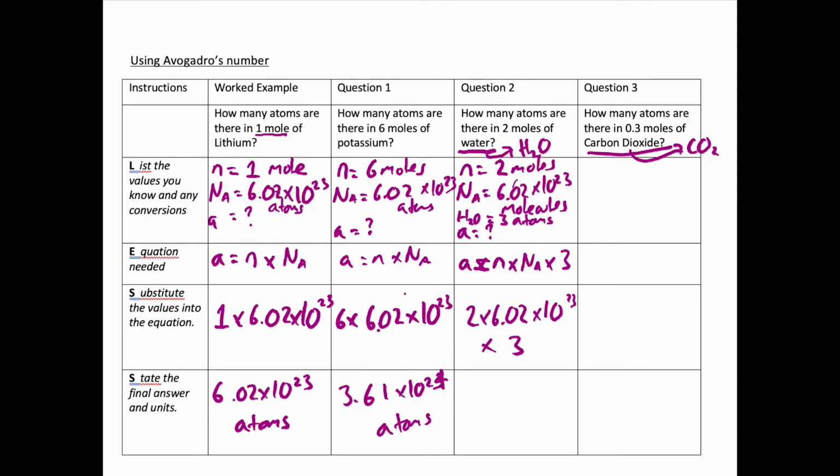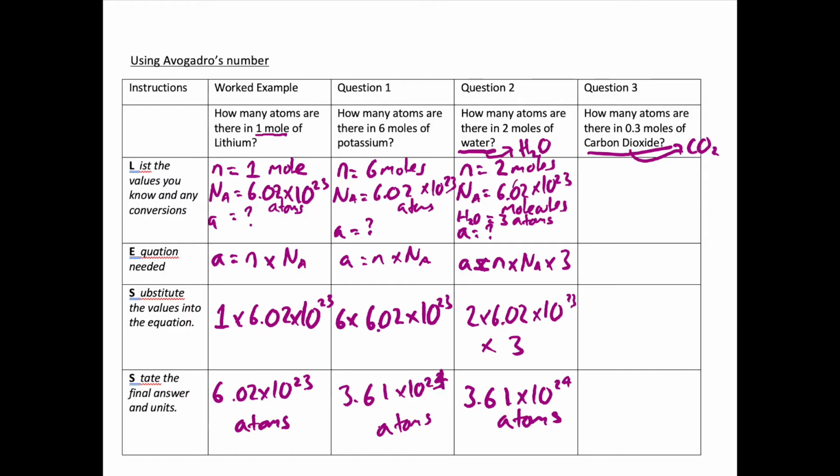And so actually this becomes the same as our previous answer, 3.61 times 10 to the 24 atoms. Because whilst we only have 2 moles of molecules, each molecule is made up of 3 atoms, and so actually there are the same number of atoms in each of those cases.